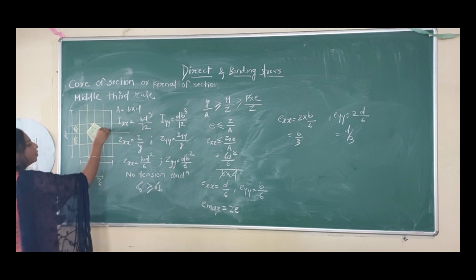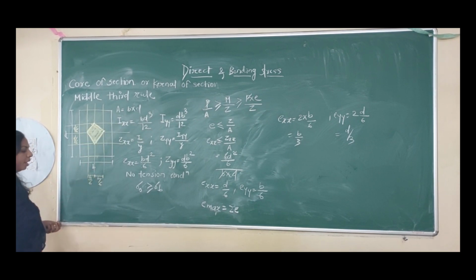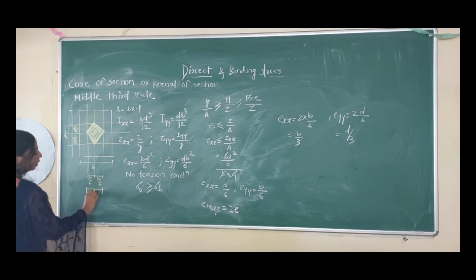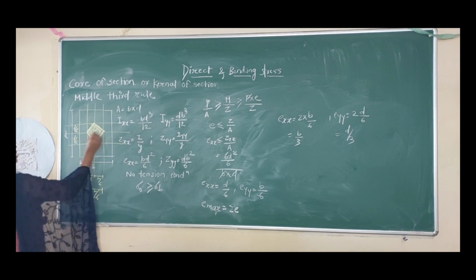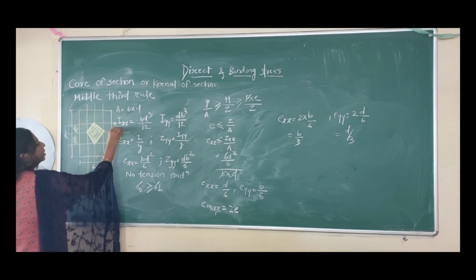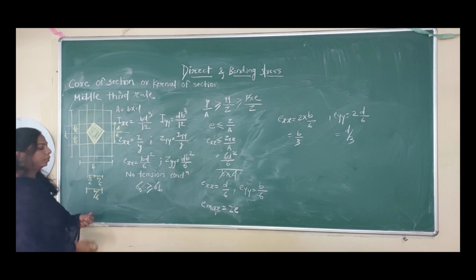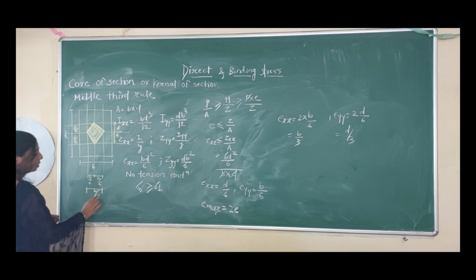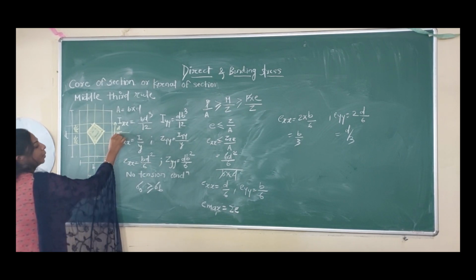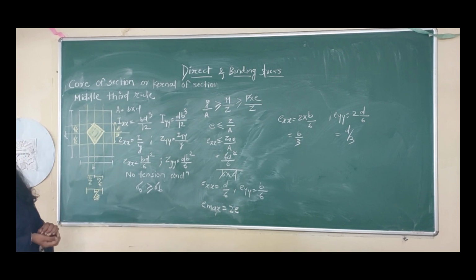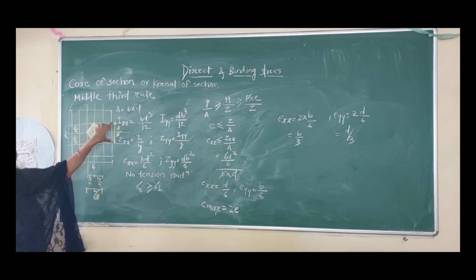This is core of section for a rectangular section, and maximum eccentricity is b by 3 and here it is d by 3. Maximum eccentricity for a rectangle is b by 3 or d by 3.